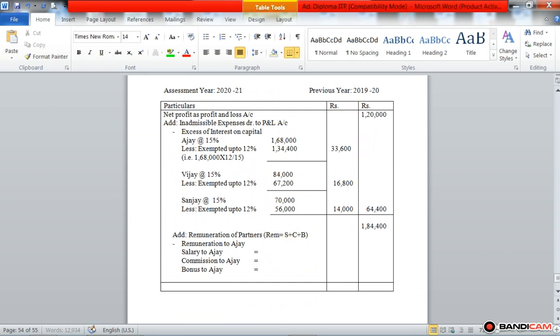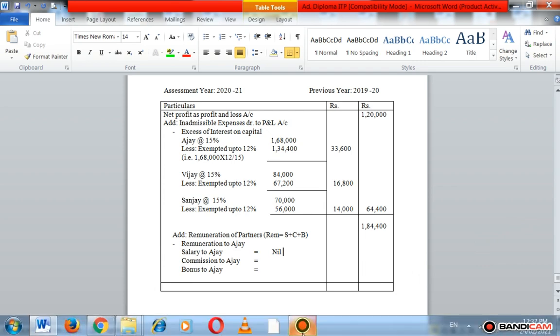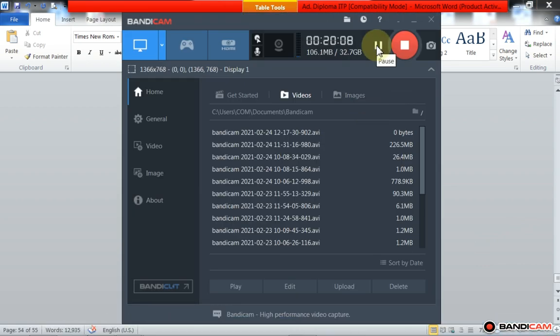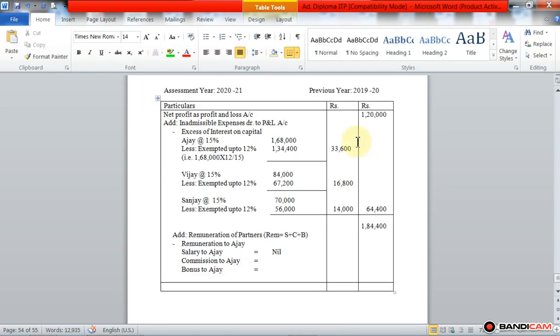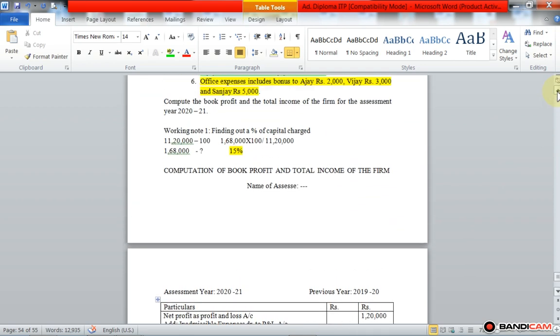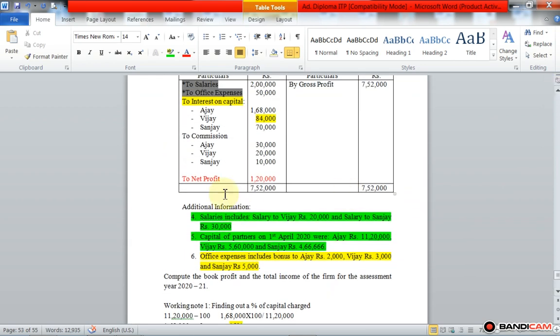Okay, then commission to Ajay. Here a commission of rupees 30,000 is given to Ajay, so it is a part of the remuneration of Ajay.